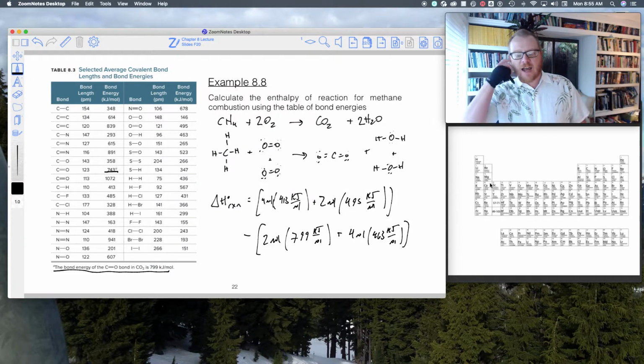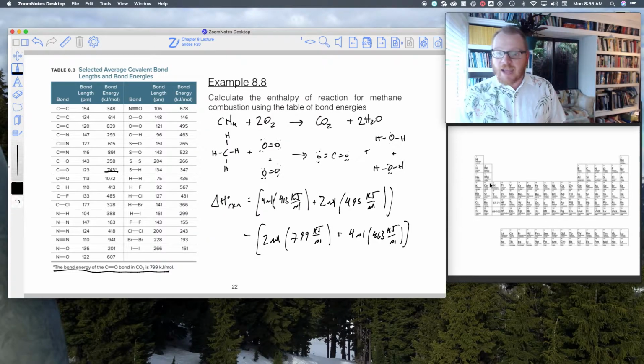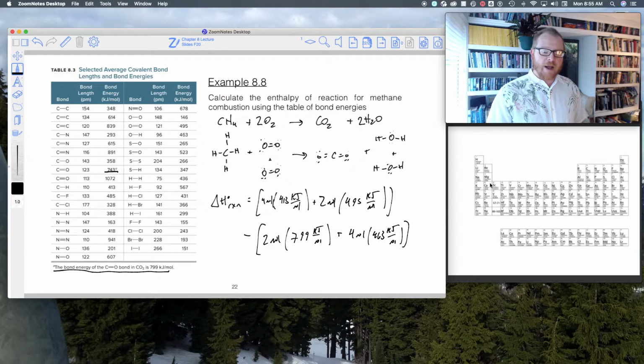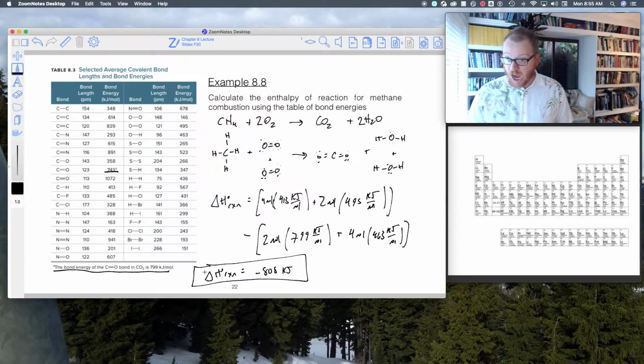And I just realized I have my periodic table up here, but really for this lecture, I needed my calculator. But you should prove this to yourself. So luckily, the answer was already on the right page. So prove this to yourself that it works, okay? If we were to go through and calculate this whole thing, we would come up with that negative 808 kilojoules. So give that a shot, okay?